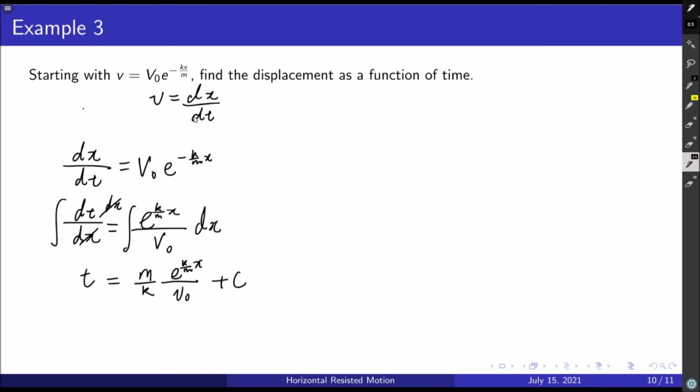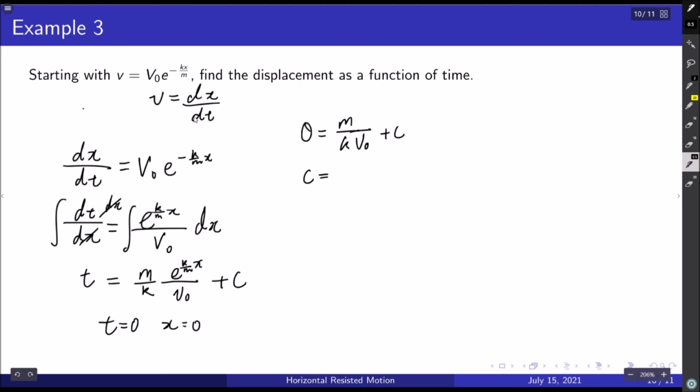So when t equals 0, x equals 0, so we can just assume that. So 0 equals m over k v0, because when x equals 0, this part disappears, plus c.